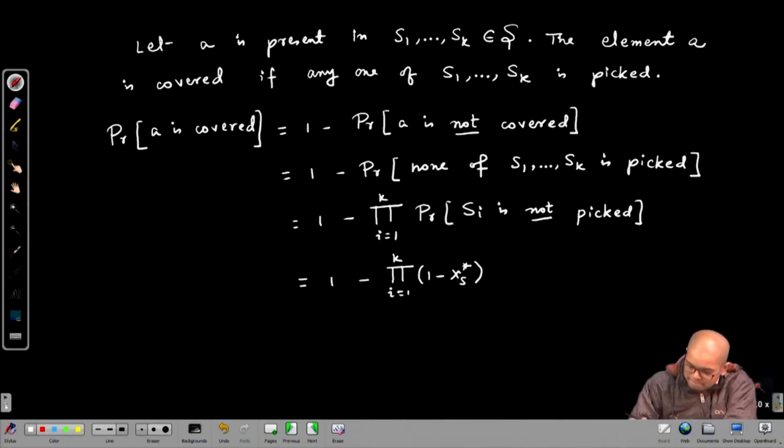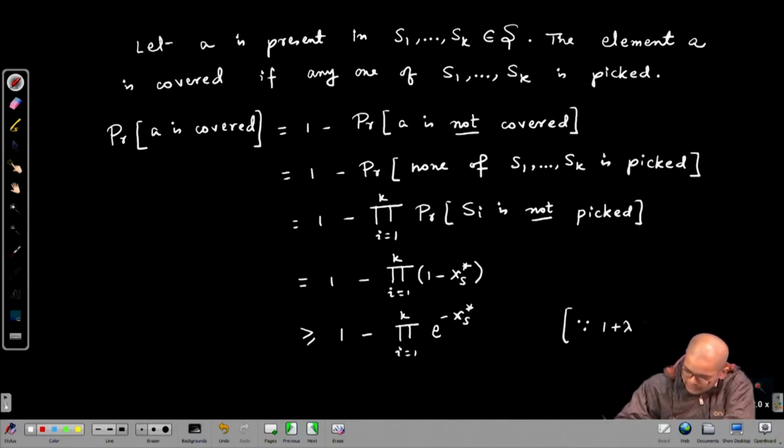Now this can be written as 1 minus the product, i equal to 1 to k, of e to the power minus x star s, since 1 plus lambda is less than or equal to e to the power lambda for all real numbers lambda.